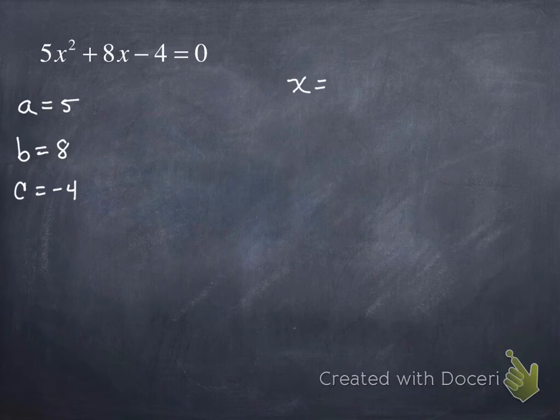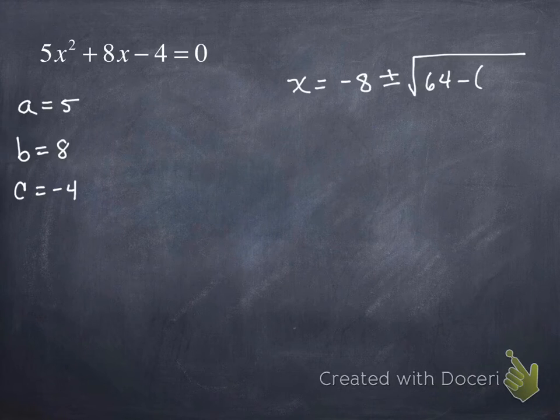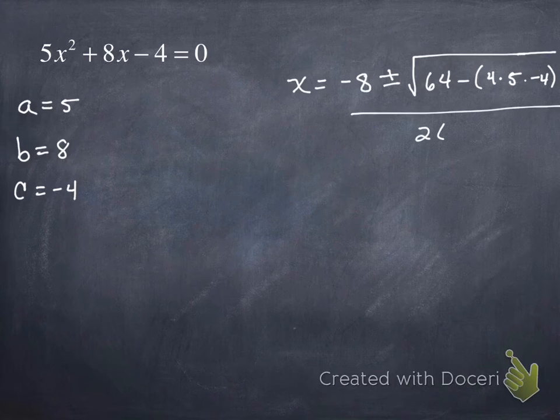X equals the opposite of b, which is negative 8, plus or minus the square root of b squared, which is 64, minus, put a parentheses in there because you don't want to mess up your signs, 4 times a times c, all over 2 times a, 2 times 5.